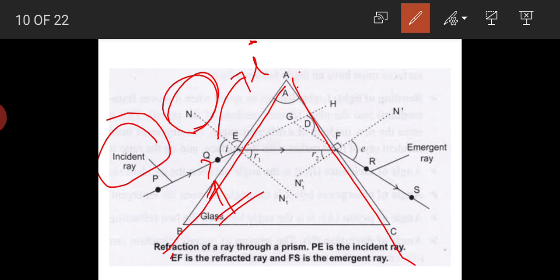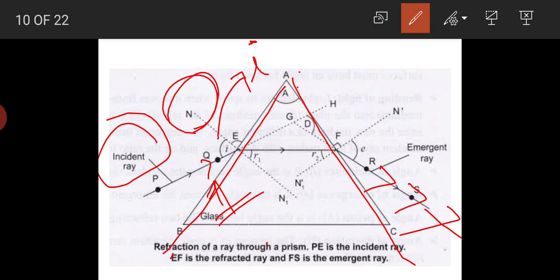When the light ray is incident on the first surface, it undergoes refraction. It moves straight, parallel to the base, and then comes out from the second surface in this way.